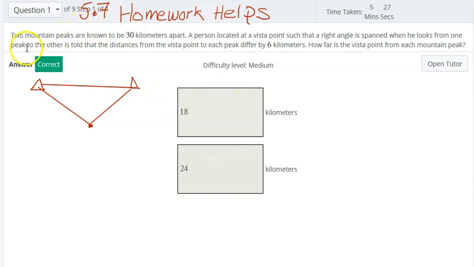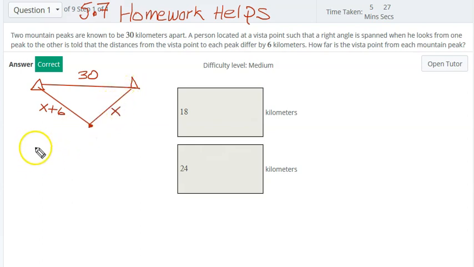Okay, so we say the mountain peaks are 30, and then the vista point, one we can call x, and the other one's a little longer, it's x plus 6. So for this equation, we're going to use the Pythagorean Theorem.